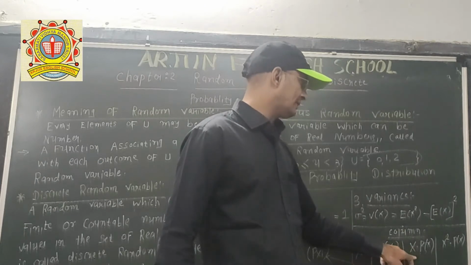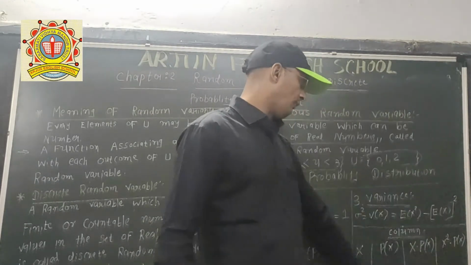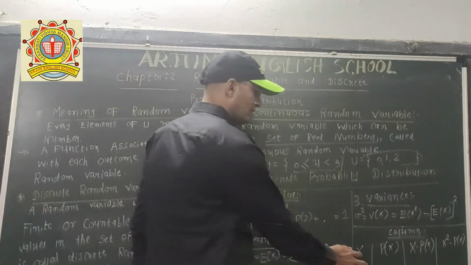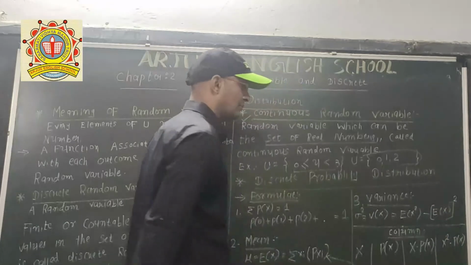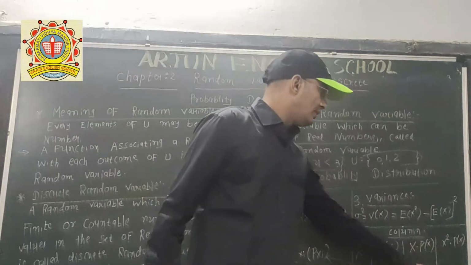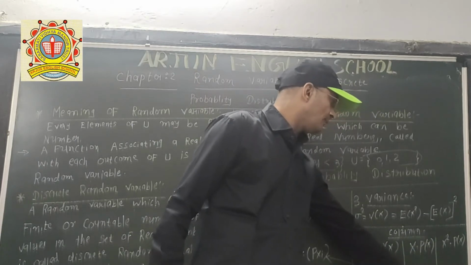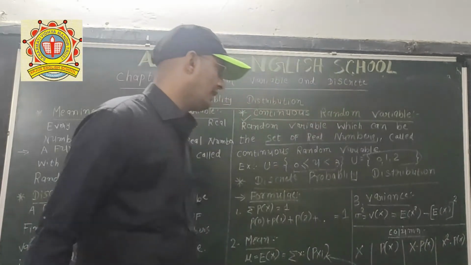So x square into P of x. Column number 1 multiplied by column number 3 gives column number 4, x square into P of x, and the total of column number 4 is called sigma x square into P of x.